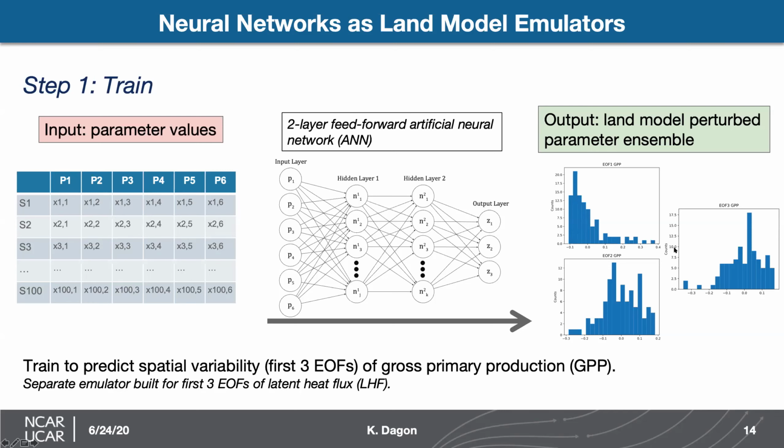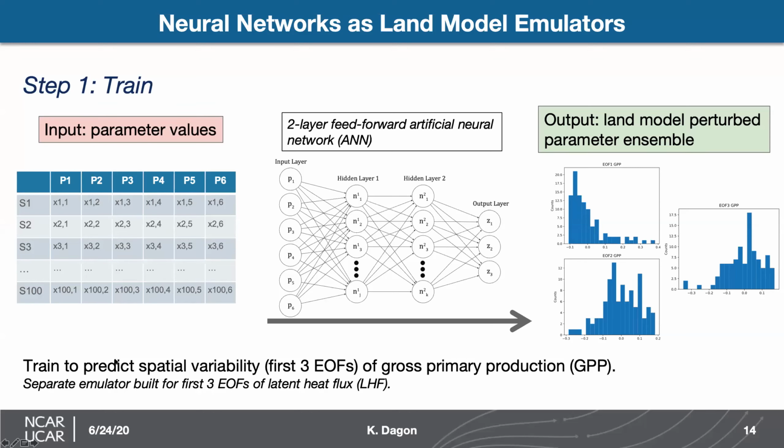So I showed this image of the first EOF of GPP, but I'm just showing the first 3 because we trained to predict the first 3 EOFs. The reason why we chose the first 3 is that they accounted for over 95% of the variability. And I've updated the neural network image here just to emphasize the dimensions: the 6 dimensions of the input layer, the 6 different parameters, using those to predict the 3 different outputs here.